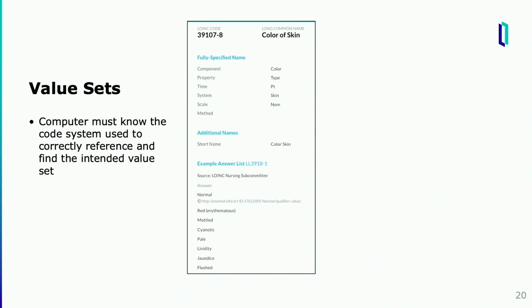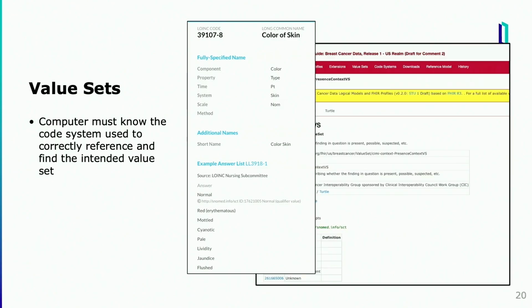So there is a value set for skin color that allows you to require that value set be used in your FHIR implementation. This particular one is from a breast cancer implementation guide where you want to be able to describe observations about a patient's skin in a very interoperable way.